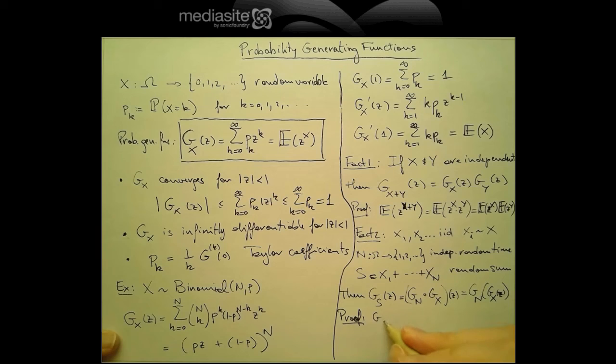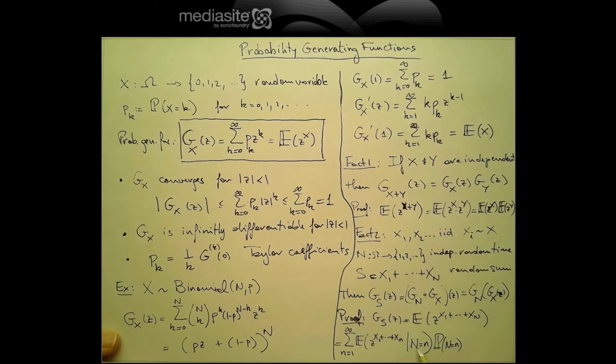So g_S is the expectation of z to the X1 all the way to XN, and it's good to condition on the possible values of N. So let's take little n from 1 to infinity, and now let's assume that big N is equal to little n times the probability that this is little n.